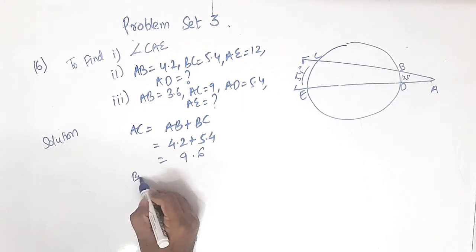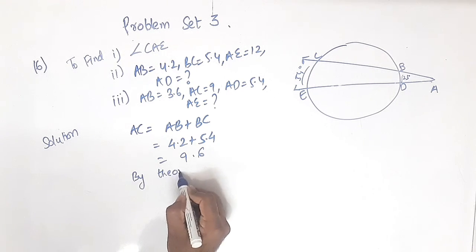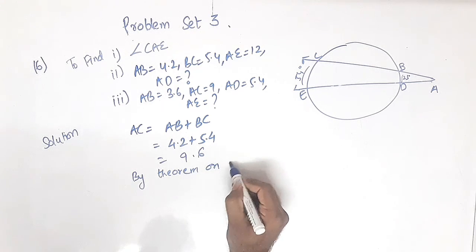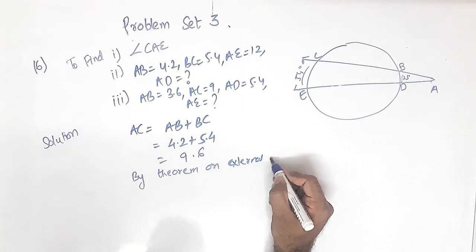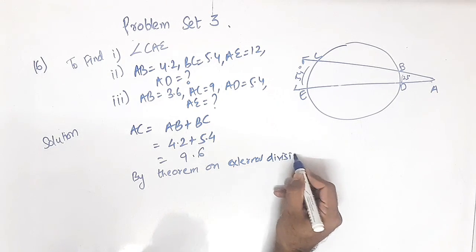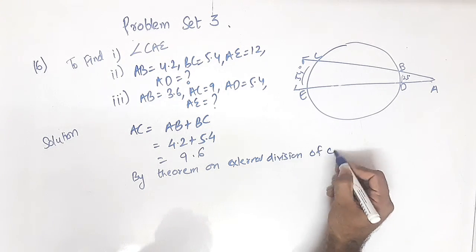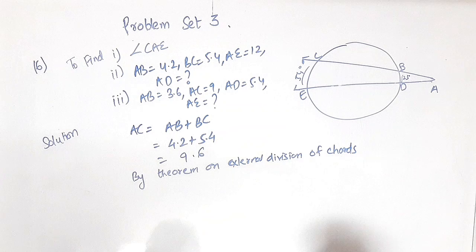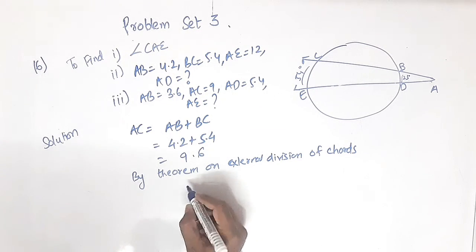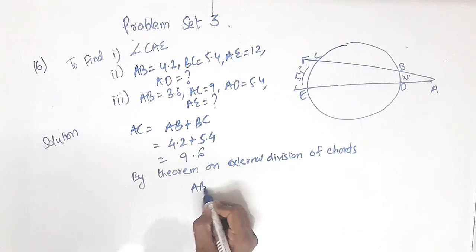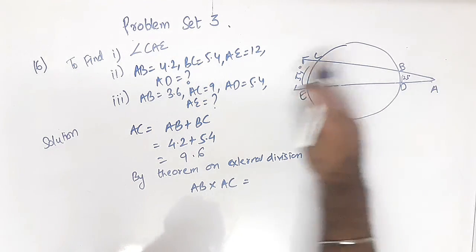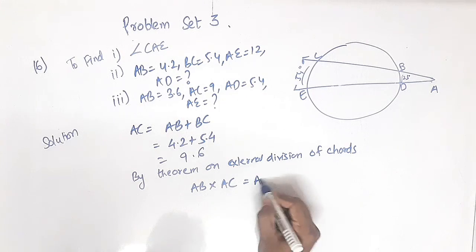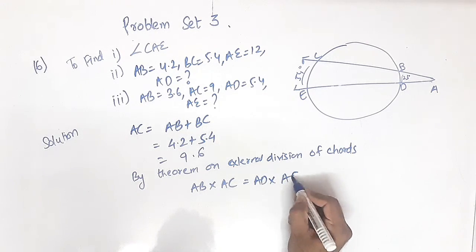Now straight away I'll write, by theorem on external division of chords, AB into AC is equal to AD into AE.